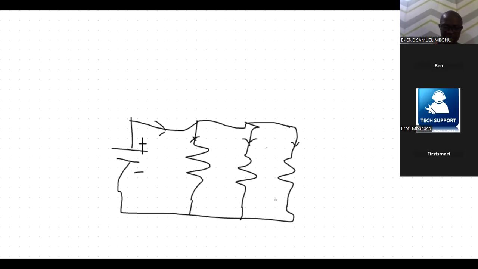So if we have R1, R2 here, and R3 here, and R1 has the smallest resistance value, then the highest current will flow there.